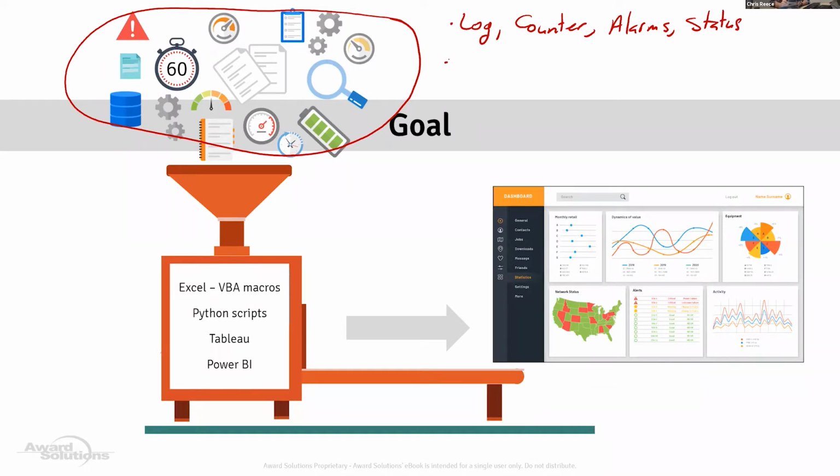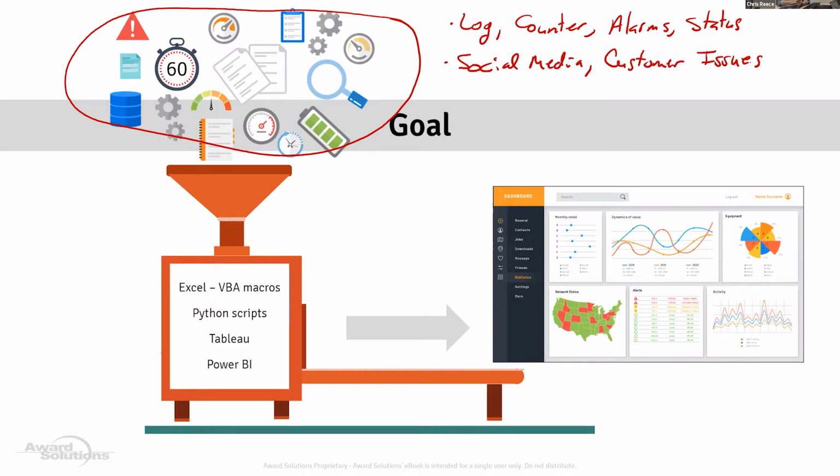It might include things like social media or customer complaints. But we have a lot of different sources of data.